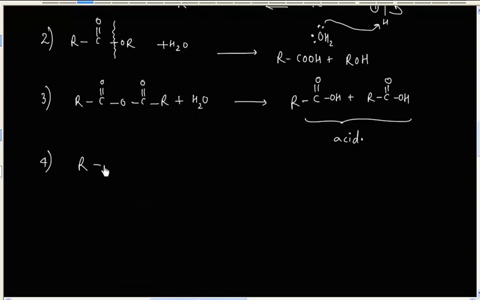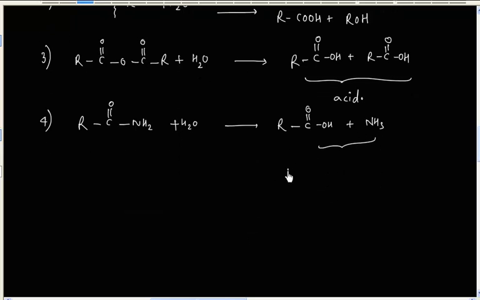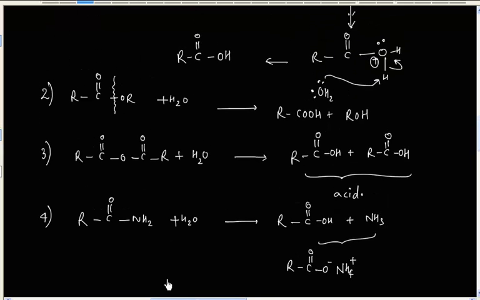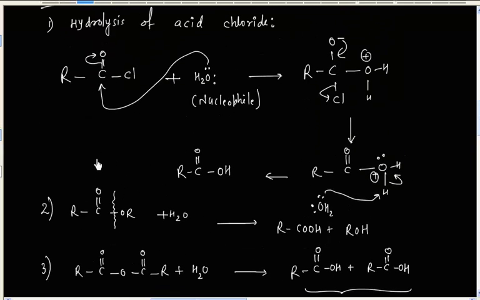Similarly, we can have amide. And this will give an acid base reaction. So we will have RCOO minus NH4 plus.